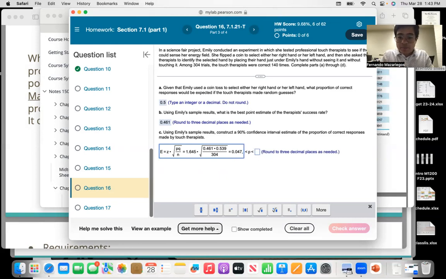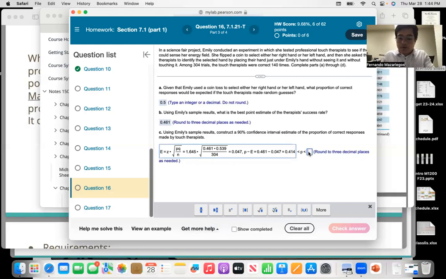So we have p hat, we have the margin of error e. We know the lower limit is going to be p hat minus e. So that is 0.461 minus 0.047, which is 0.414.